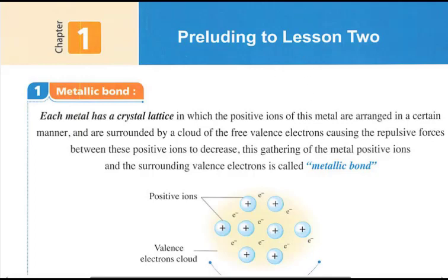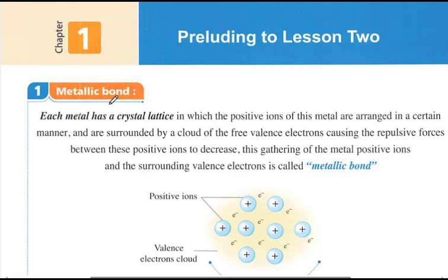Okay, so the first idea that we want to discuss with each other is the concept of metallic bond. So what is metallic bond? We know all the metal structures, like iron metal structure or copper metal structure, they are formed of positive ions arranged together in compact rows.